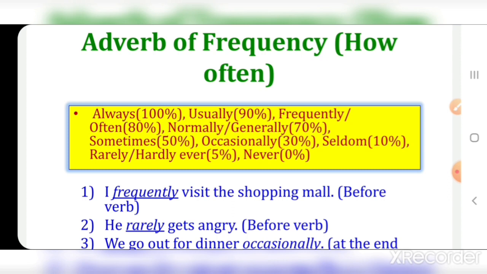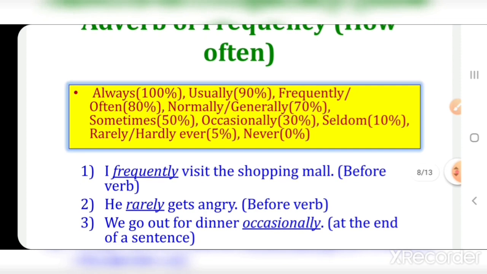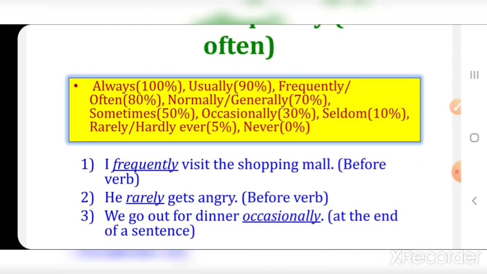These words are used as adverbs of frequency. Now in the bracket I've written 100%, 90%, 80%, and so on. This percentage denotes that if you perform any action 100% of the time, then you can use the word always. If it is 90%, then use usually, and so on and so forth.